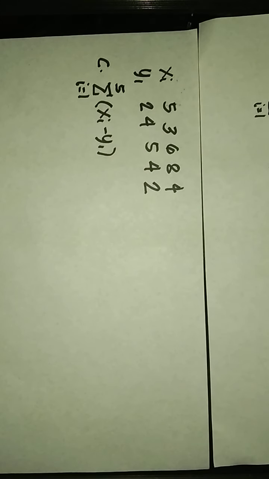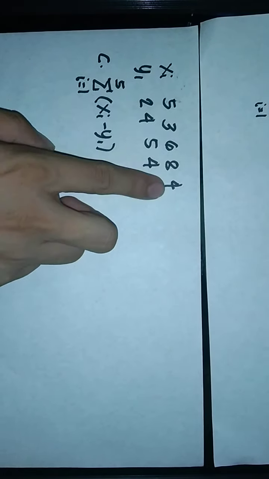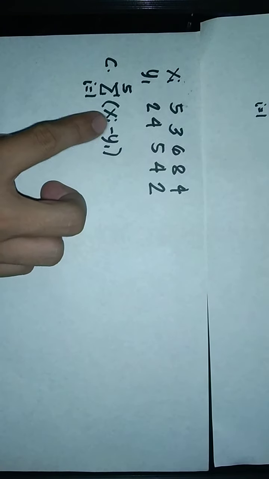So, ang mangyayari dito, kukuhanin lang natin yung values mula ng 1 hanggang 5. So, ibig sabihin lahat ulit sila. Pero ang kaibahan nito, naka-subtract na siya.